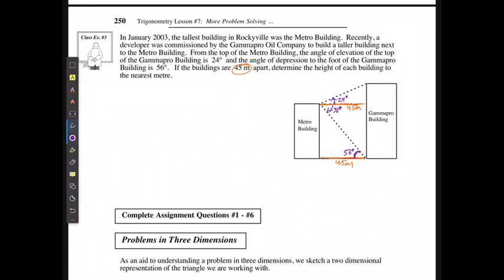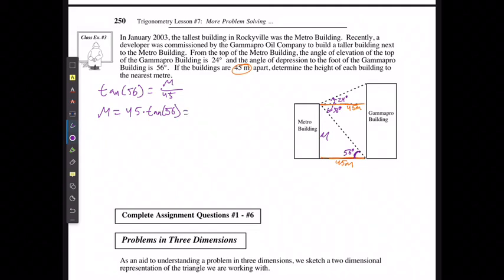So if I'm solving for the height of the Metro building, let's call it M, then I'm going to solve for the height of my opposite, which means that in this case, tan of 56 is going to equal my opposite divided by my adjacent, which means that the height of the Metro building is going to be 45 times tan of 56, which in this case is going to give me 66.71 meters.